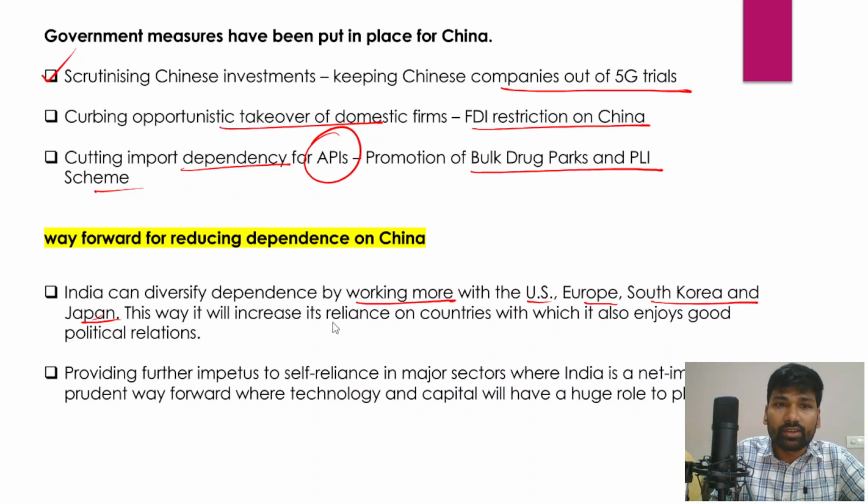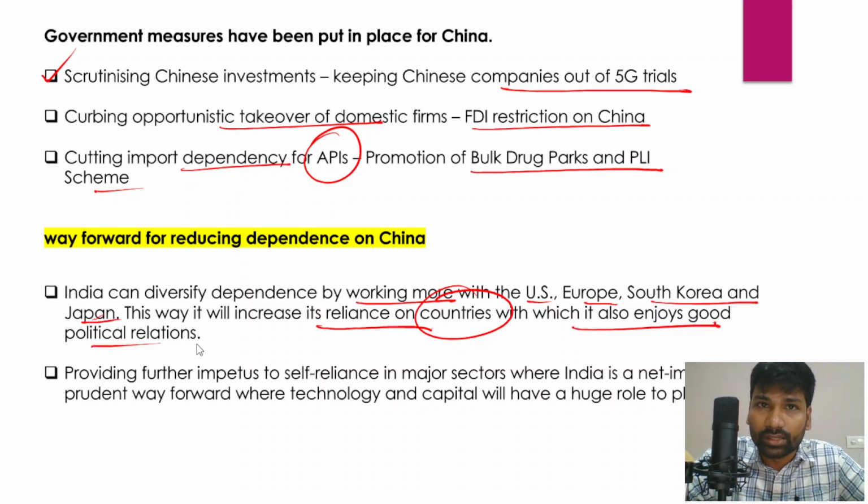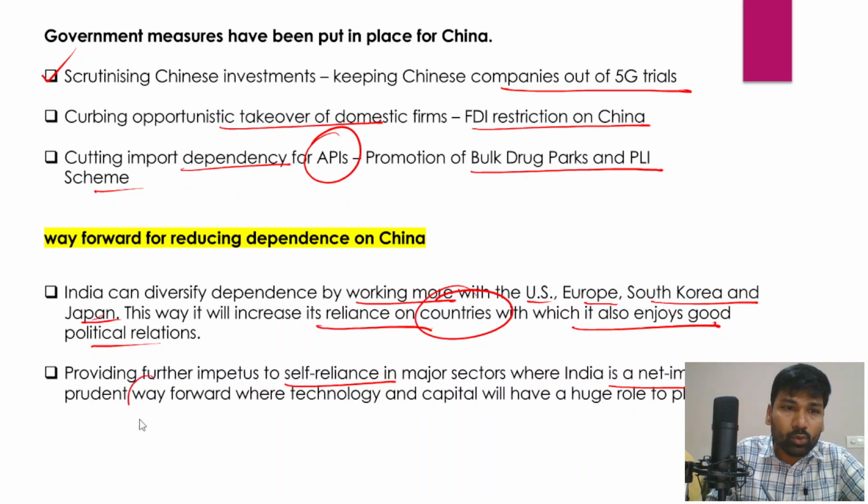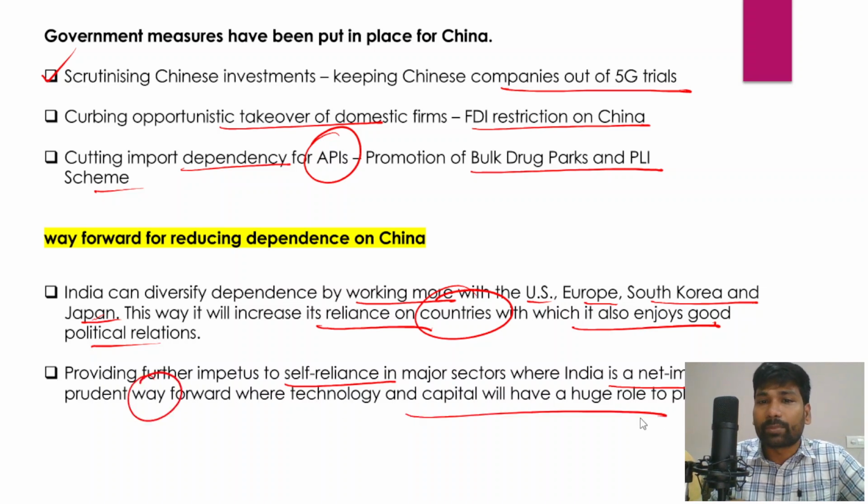This way it will increase its reliance on countries with which it also enjoys good political relations. Providing further impetus to self-reliance in major sectors where India is a net importer is a prudent way forward, where technology and capital will have a huge role to play.